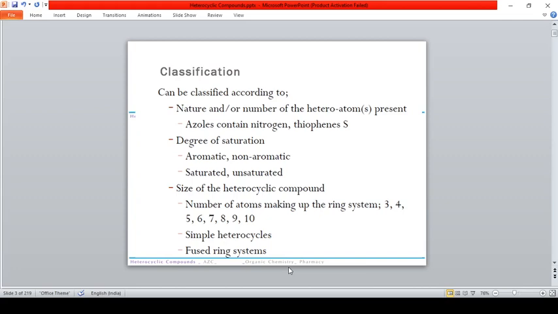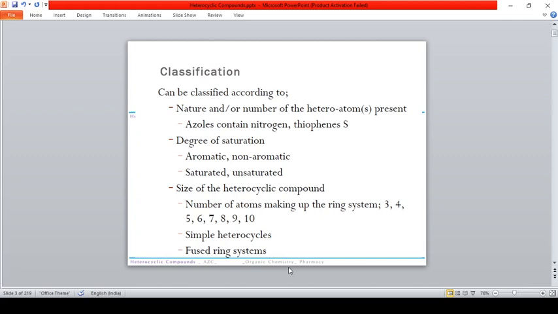So that way we can classify heterocyclic compounds into aromatic and non-aromatic. Third is based on the size of the heterocyclic compound. A heterocyclic compound can have a ring system made up of a number of atoms ranging from 3 to 10. Another classification can be simple heterocyclics or fused ring systems.